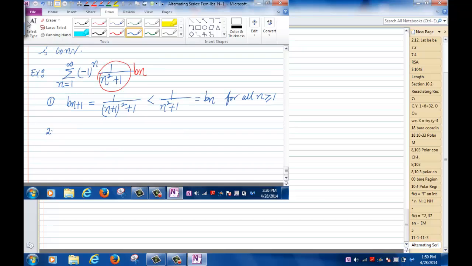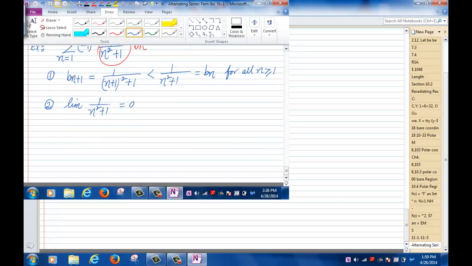And number 2, what's the limit? Well, the limit in this case is just as easy. The limit is 0. So the test applies. So by the alternating series test, the given series negative 1 to the n, 1 over n squared plus 1 is convergent.